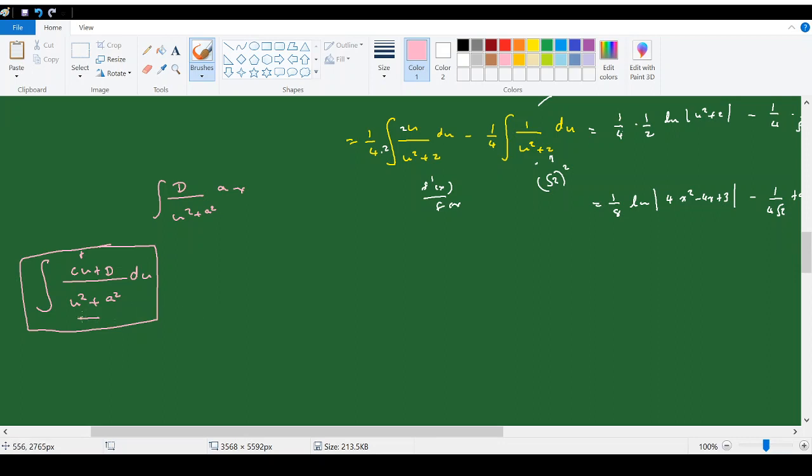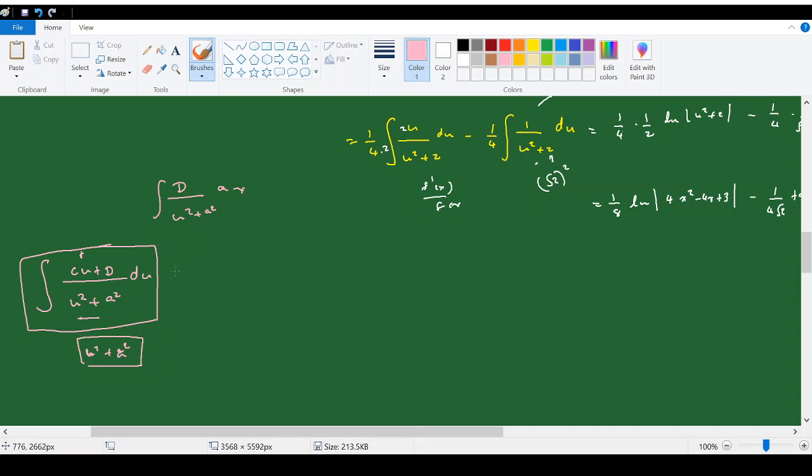But anyway, if you write it like this one, it will be irreducible, because you don't have any roots for this expression under real numbers.